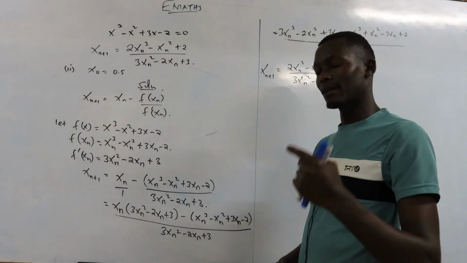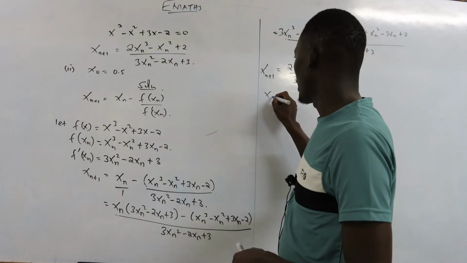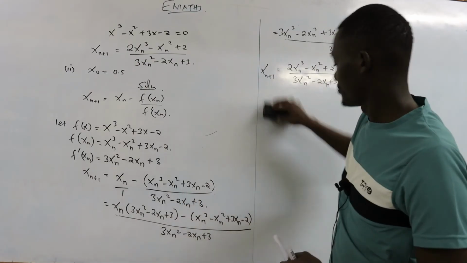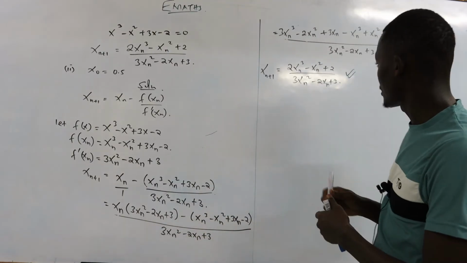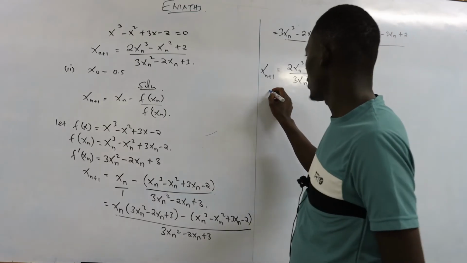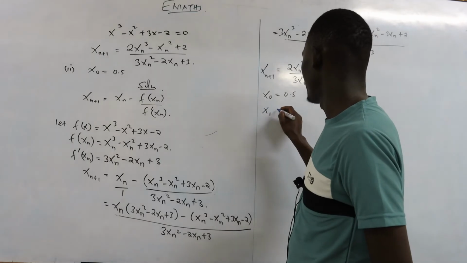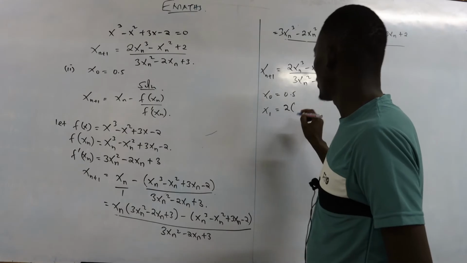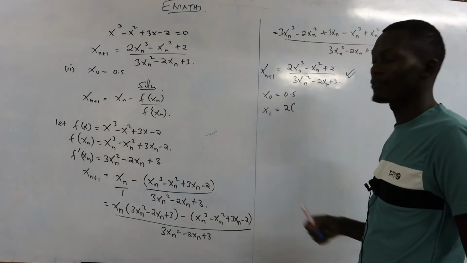Now we go to the second approximation, which is x1. So our x1 now will be given by, so we are solving part 2. So this one has already been proven, so you can tick that, so that is true. Now the second part, we have our x naught, which is 0.5. Now we go to x1. So x1 will be given by 2. Take your value, the first approximation, replace it in this equation as the value of xn.